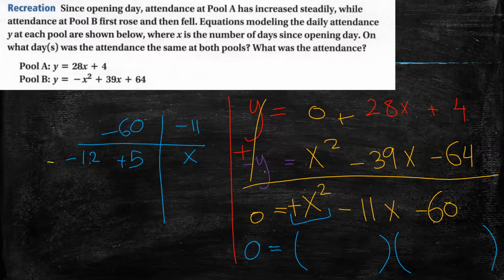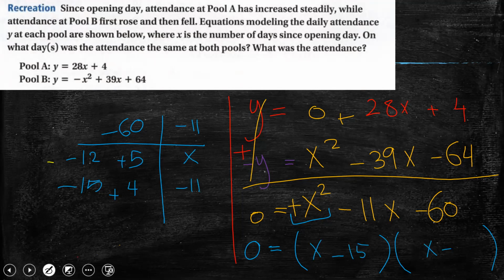And we have 15 and 4. Negative 15 plus 4 will be negative 11. So I have x minus 15 times x plus 4 equals 0.